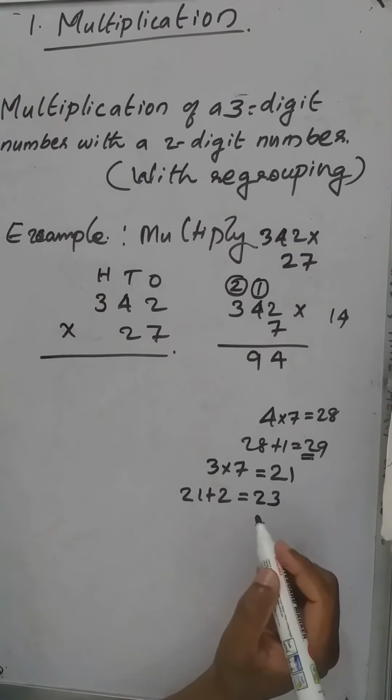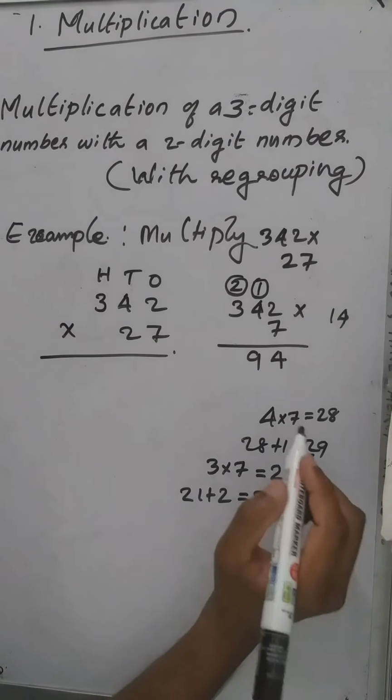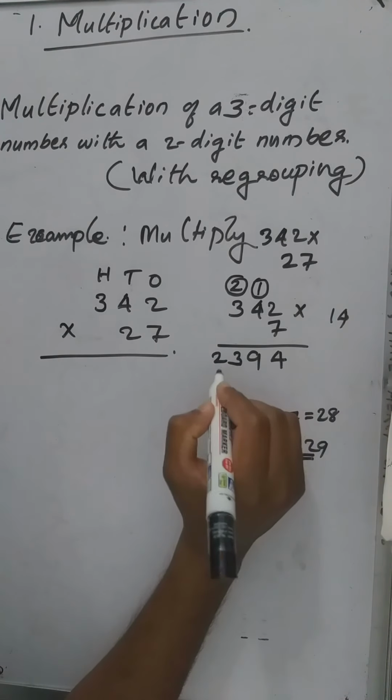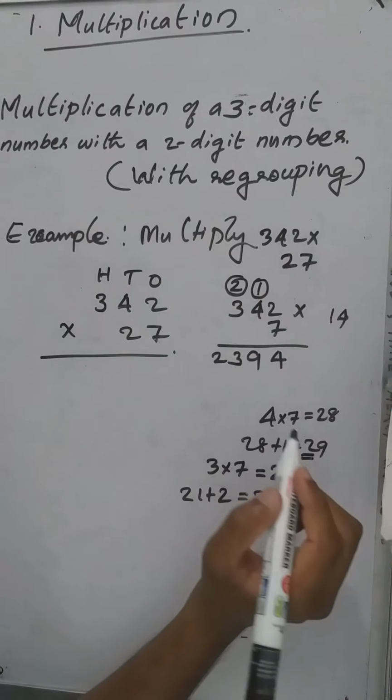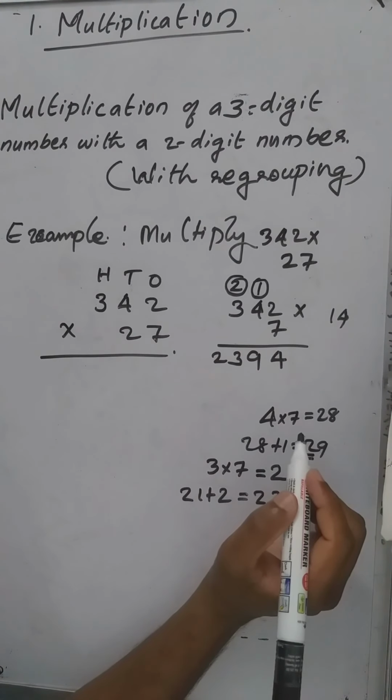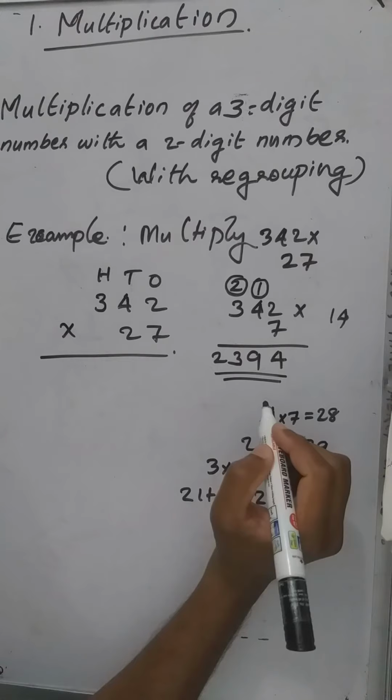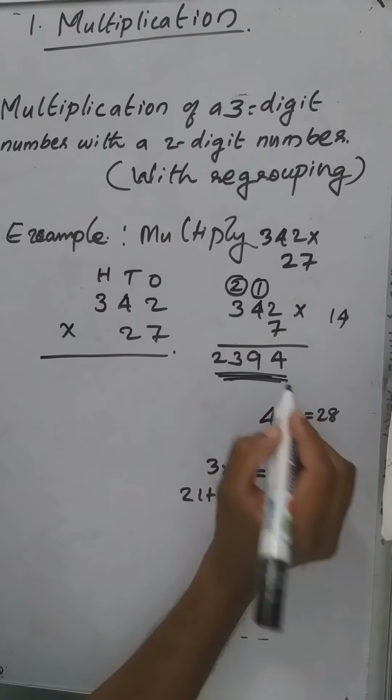And now we have to write 23 here, because there are no other digits to carry forward. So we got our answer. 342 multiplied by 7 is equal to 2394 here.